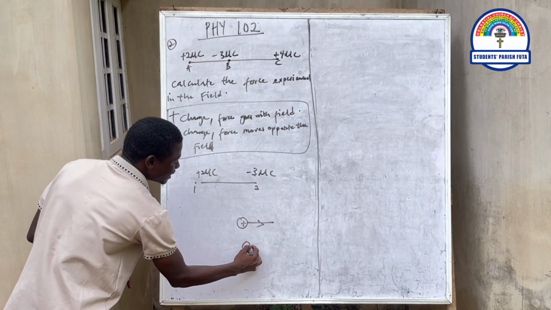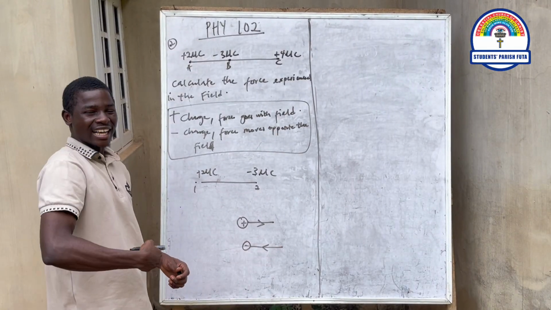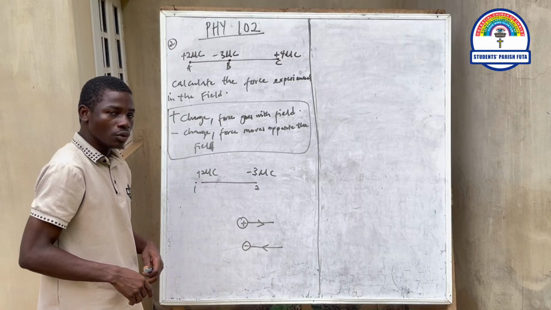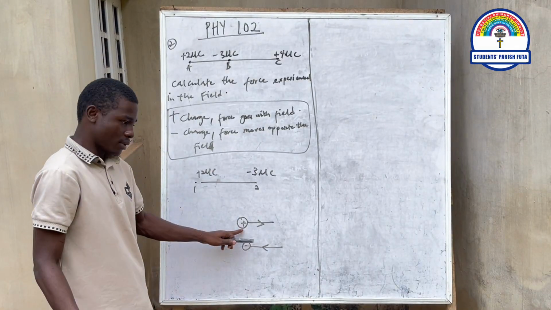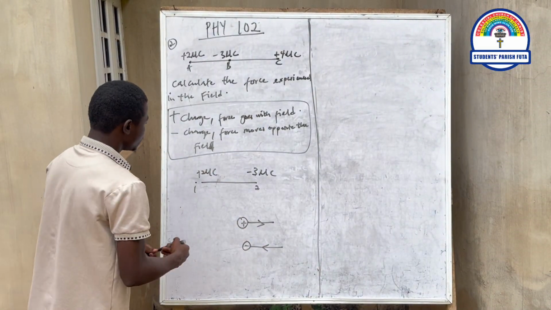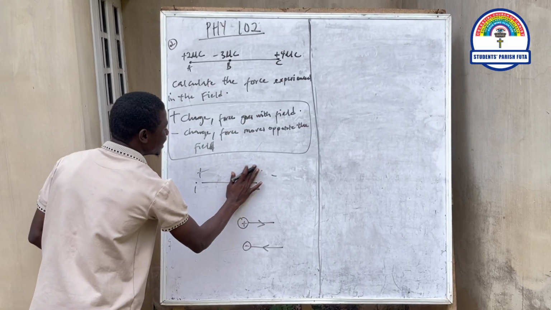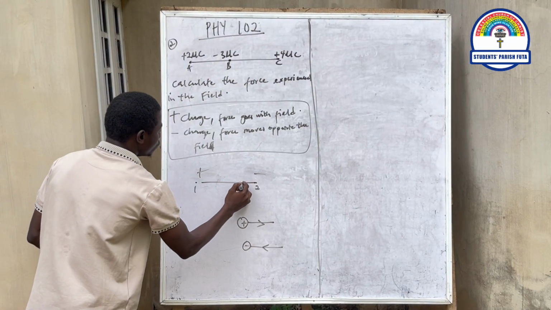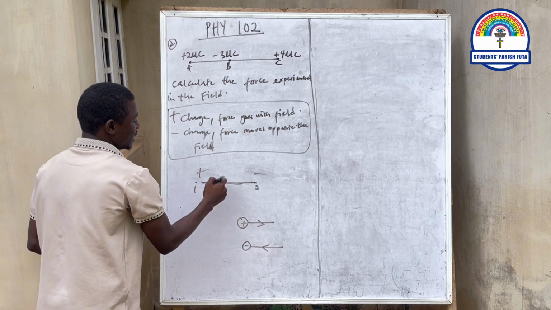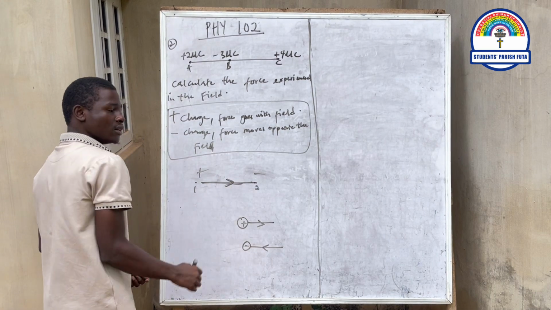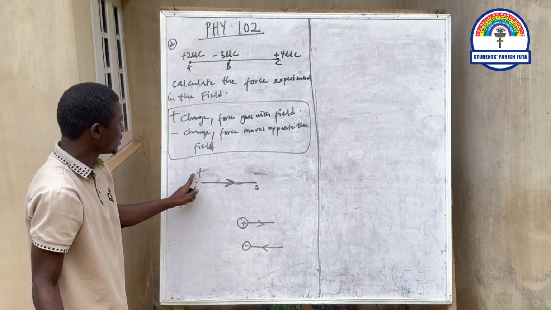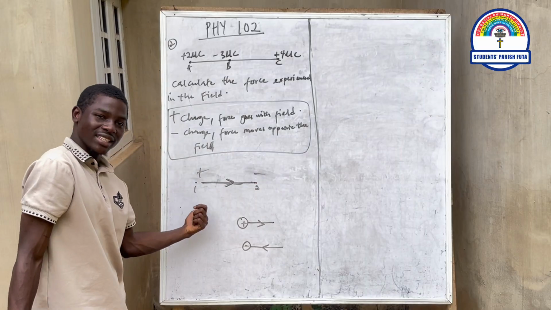For a negative charge, the electric field enters into it. So electric field is given out by a positive charge, but it's taken in by a negative charge. So if this is positive and this is negative, we should note that the field goes this way. Yes or no? It goes in this direction because positive gives out the field, negative takes in the field.